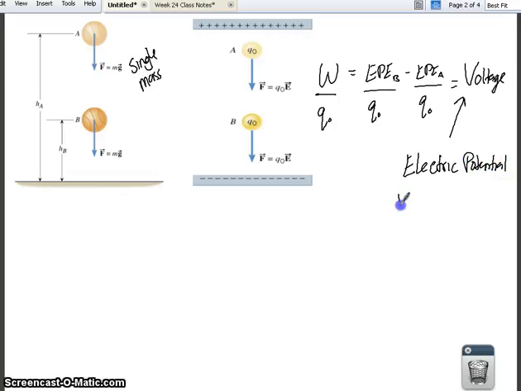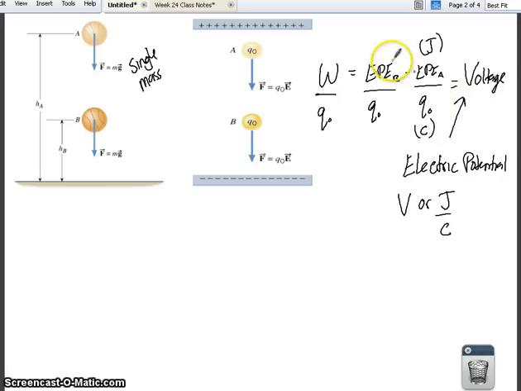And the unit is volts or joules per coulomb. As you can see here, we have energy, which is in the unit of joules, divided by charge, which is the unit of coulomb. So we have this electric potential voltage versus electric potential energy.